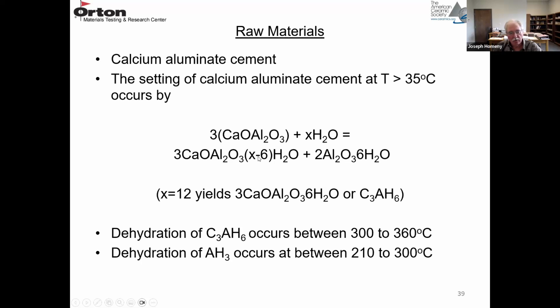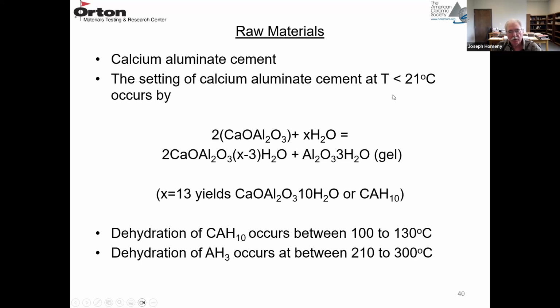So in this case, X is going to be 12, so that's going to yield this compound, 3CaO Al2O3 6H2O, or in cement notation, C3AH6. So now this compound C3AH6 is going to dehydrate between 300 and 360 degrees C. And then the AH3, the hydrated alumina, is still going to dehydrate around 210 to 300 degrees C.